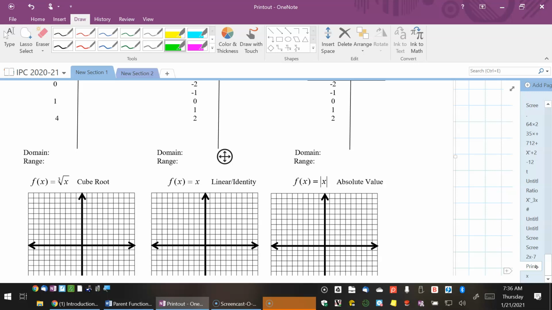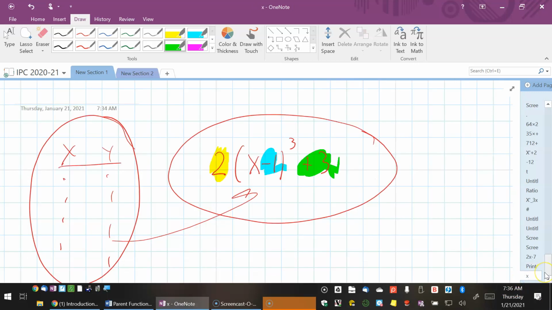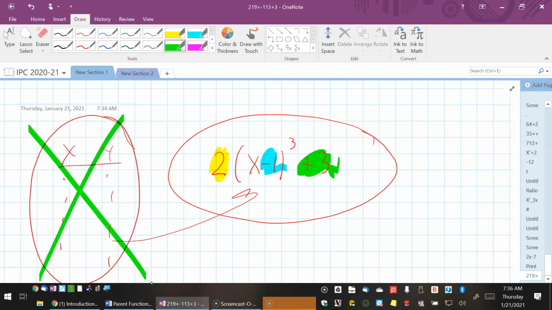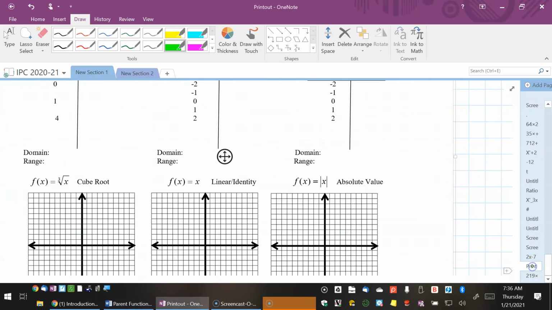Okay. Now, I'm about to contradict what I just said, because what I just said was we want to try to shortcut this process of picking a bunch of x's, plugging in, getting y's, and plotting points. We still have to do that. The difference is we're going to do that once today.